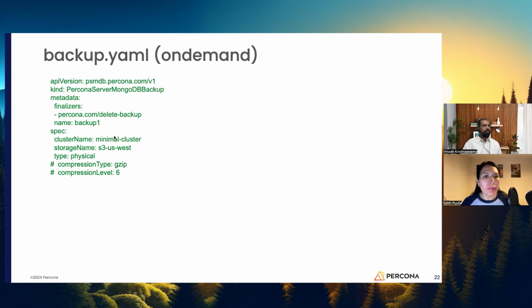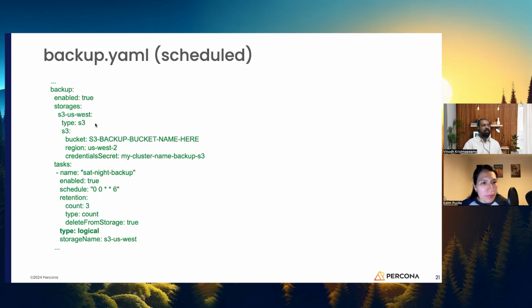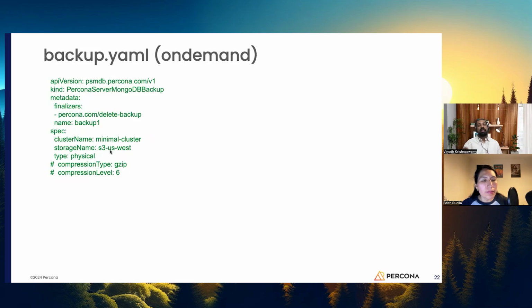I will show you how to take that. And the storage name will be the storage name that you have mentioned in the cr.yaml, so that this backup file will know that for this particular cluster and this backup storage, we need to take the full backup.